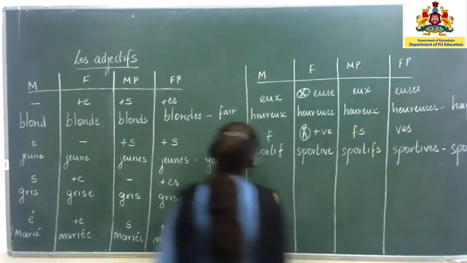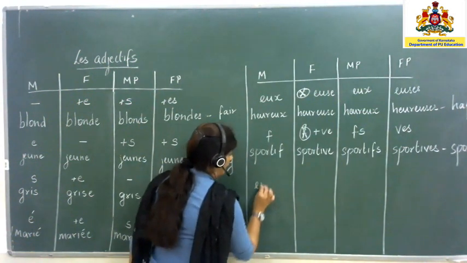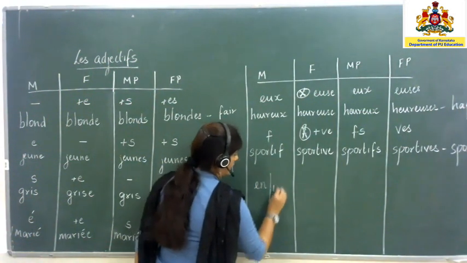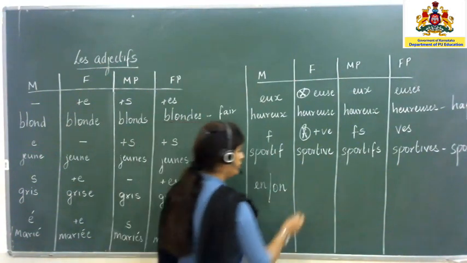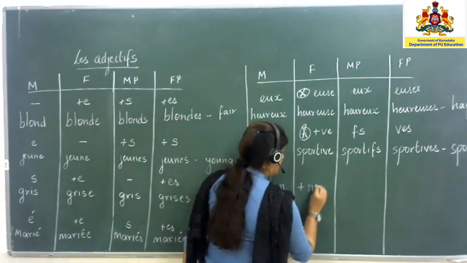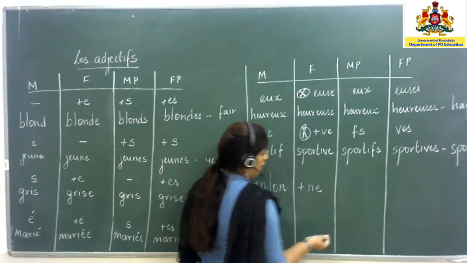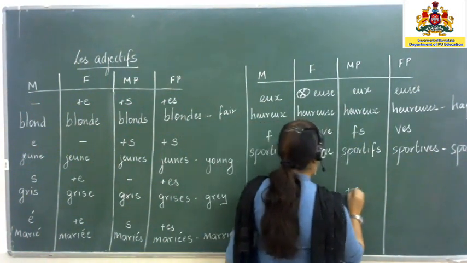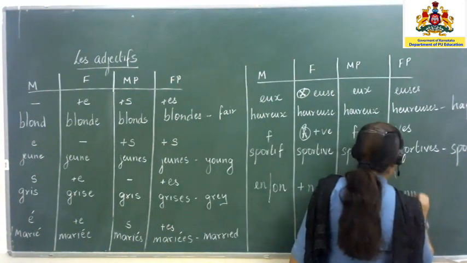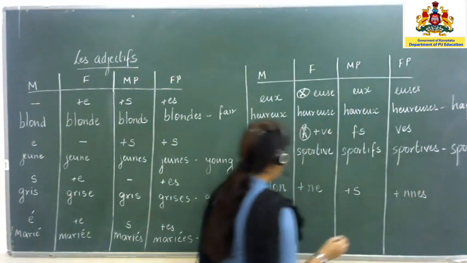If the masculine ends with an EN or an ON, you will add another NE. Masculine plural will just take an S and the feminine plural will take NNES.